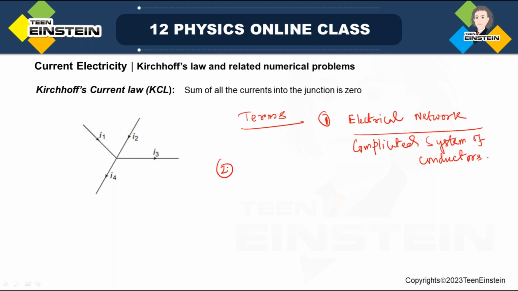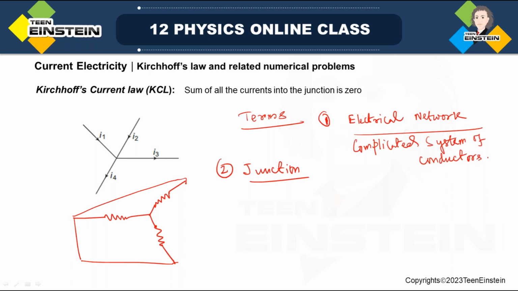The second term we learn is junction. Junction, in general, you know, but here electrical junction: suppose I have a network like this. From here one branch is coming out, then another branch is coming out like this.